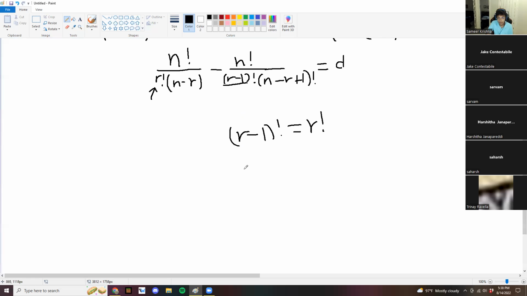Okay, so r factorial is equal to r times r minus 1 times r minus 2 dot dot dot all the way to 1, right? And guess what that is? That's r minus 1 factorial, right?